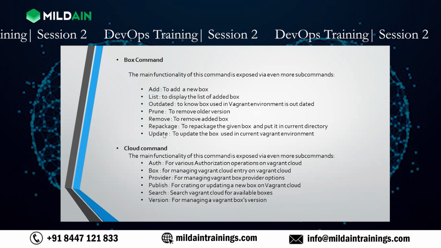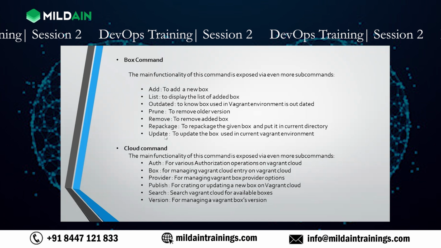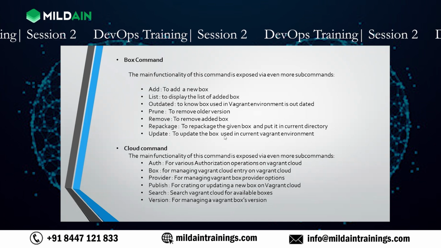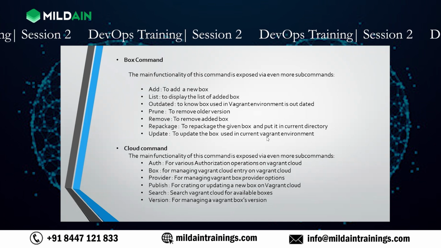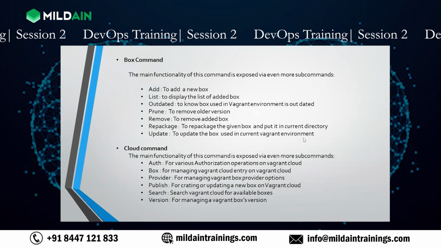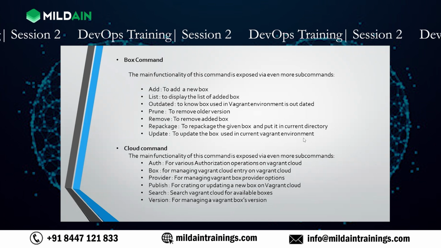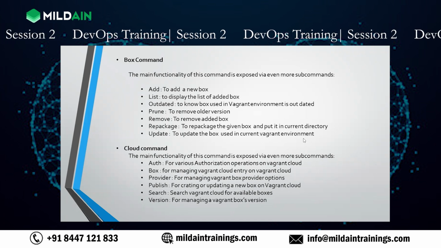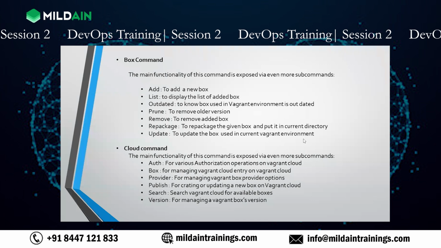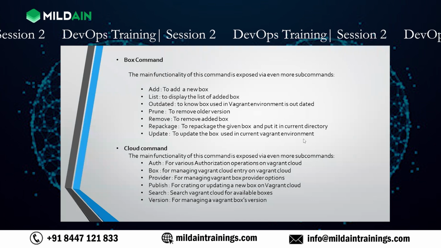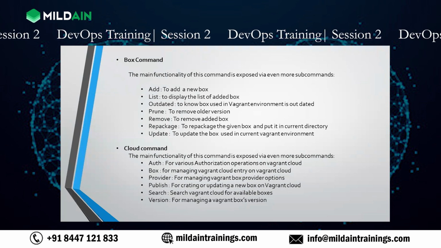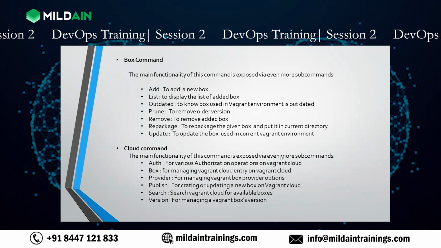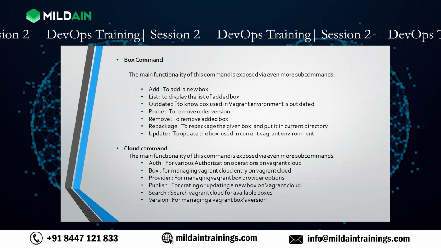But the update command will update the Vagrant box in our current Vagrant environment, meaning where we have initialized this Vagrant box and created a VM. In that environment, it will update.